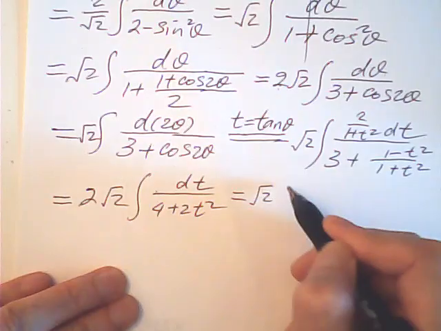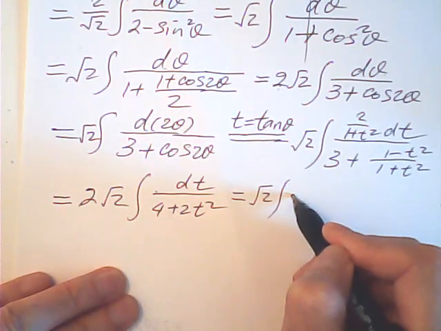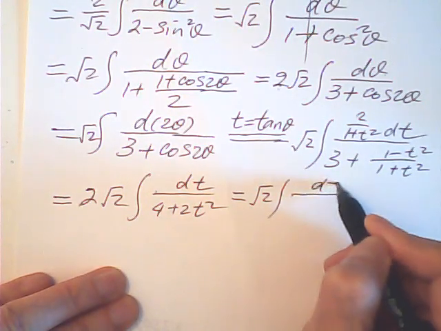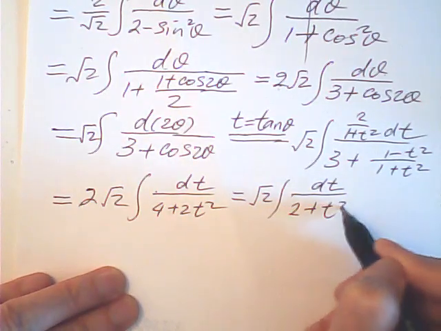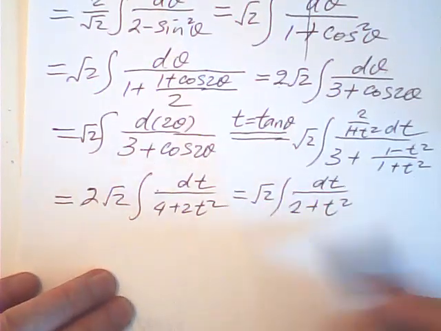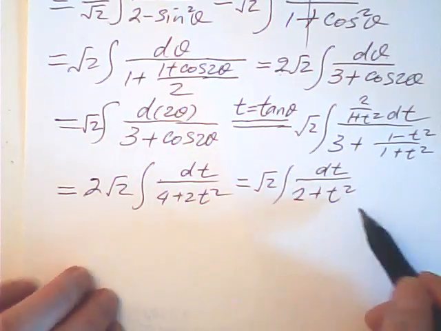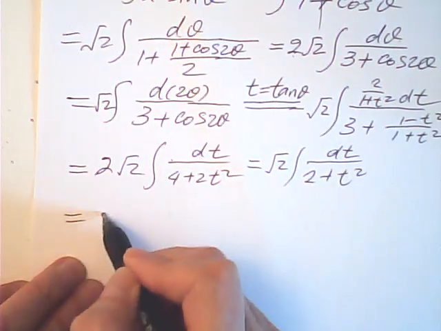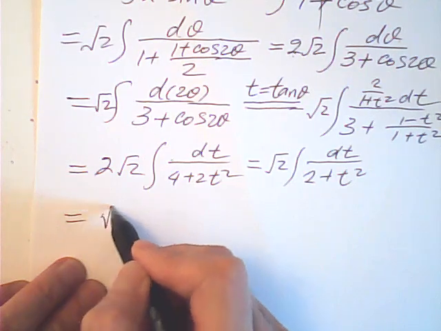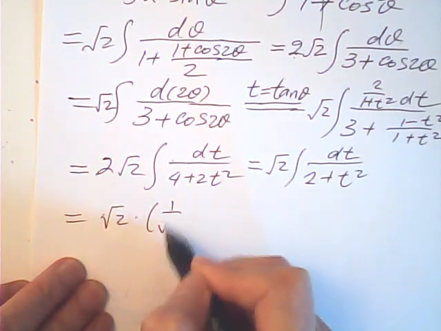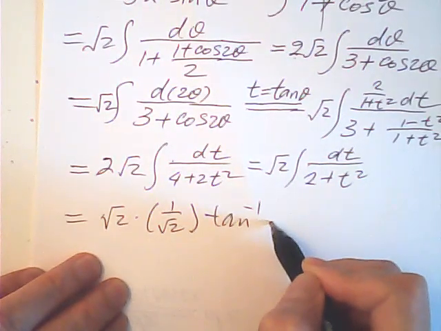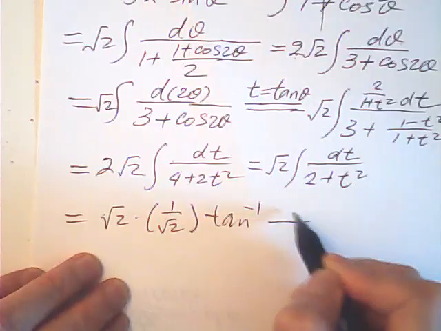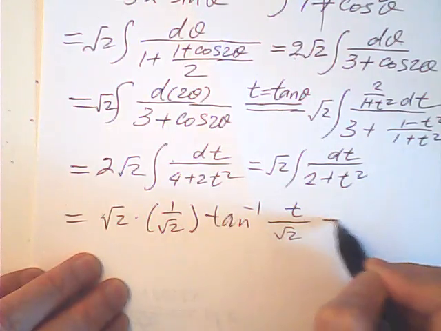Becomes root 2 dt over 2 plus t squared. Now we have a formula, right? Arctangent formula. So this will equal to root 2 times 1 over root 2 arctangent t over root 2, right? Plus c.